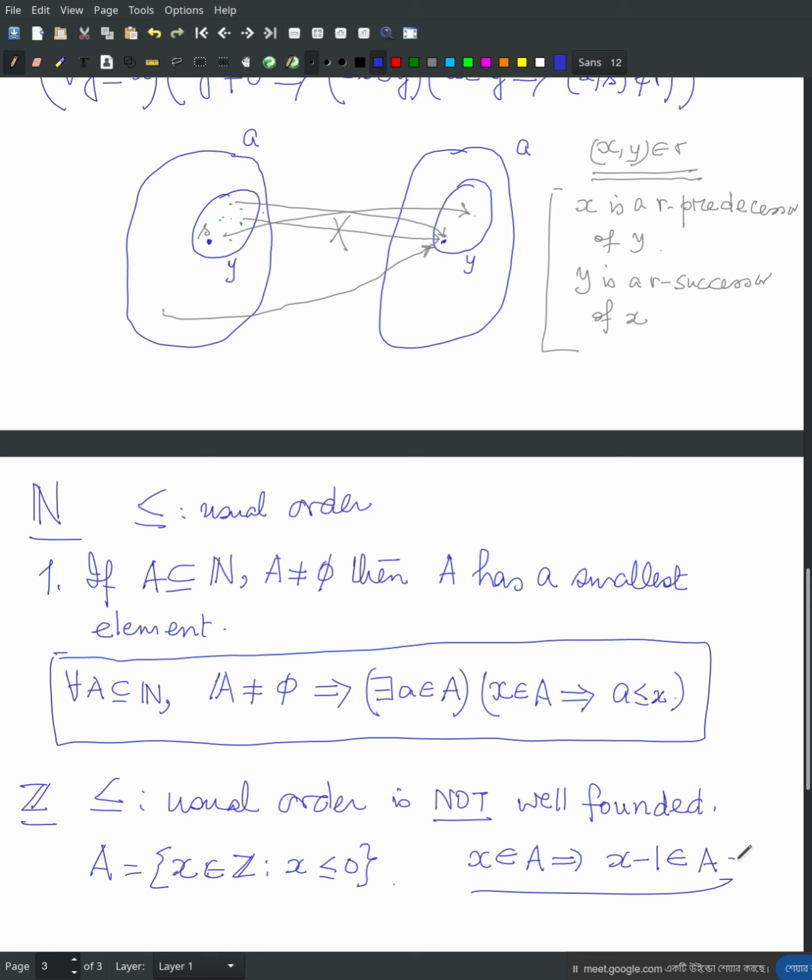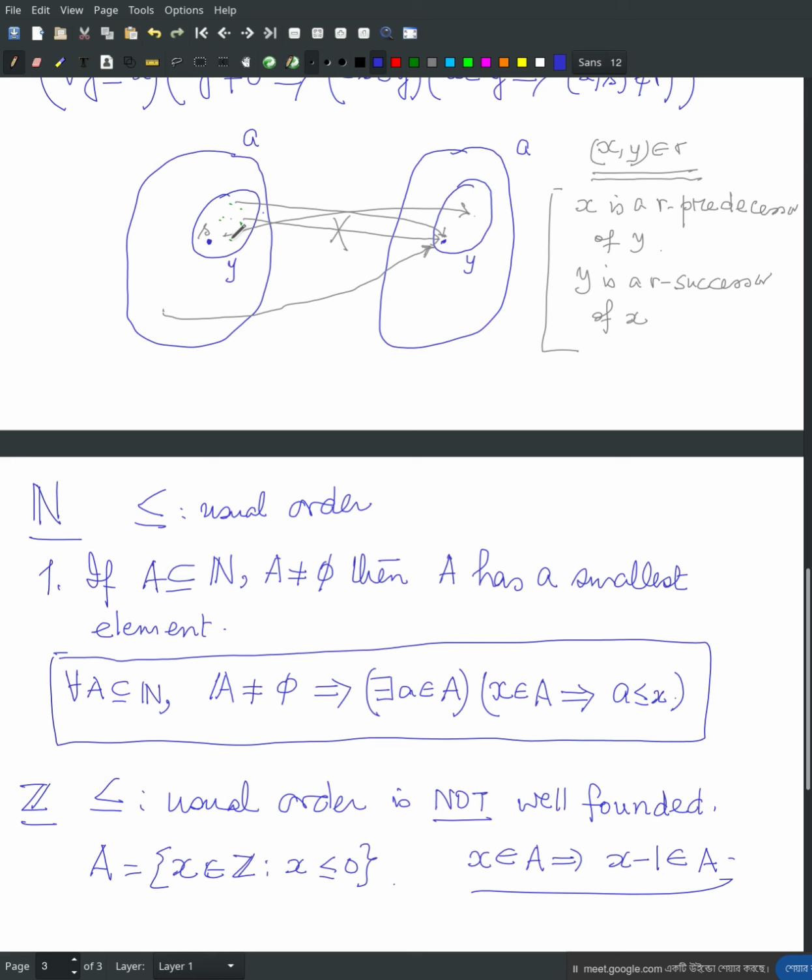A well-founded order relation is usually called a well-ordering. So essentially what is well-founded about? Well-founded is just trying to say that in that relation, for any set of elements that you might take, you are going to have a smallest element in that order. Is it right if we say it in this way?